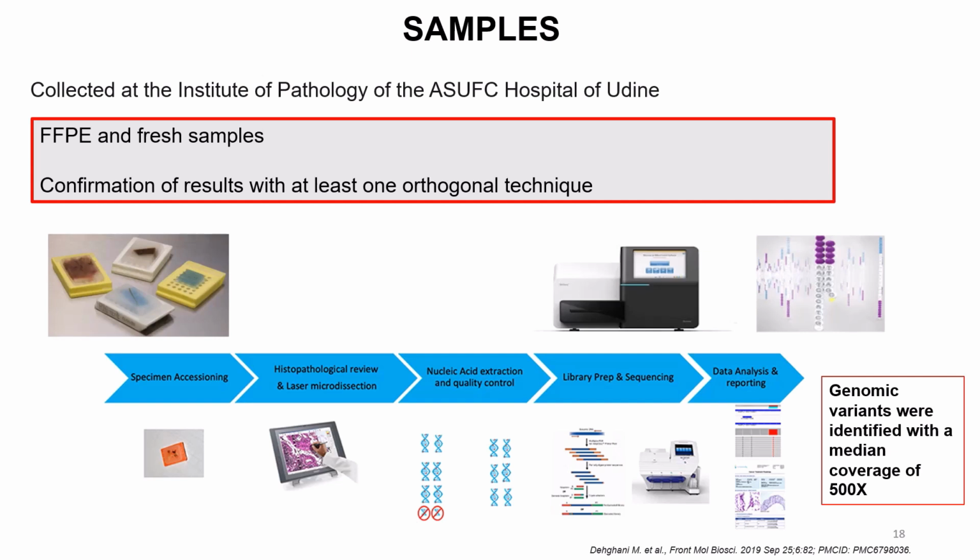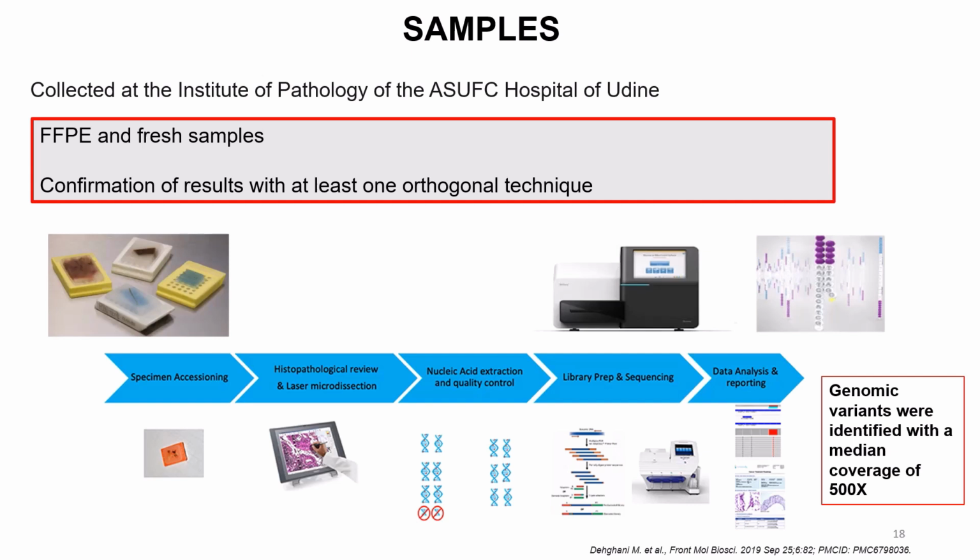Considering this aspect, several critical aspects need to be considered due to the challenges posed by the fixation and embedding process. For example, fixation time and conditions are very important, as are sample age, extraction method, DNA quantity and quality, DNA fragmentation and site selection, PCR inhibitors, and quality control.